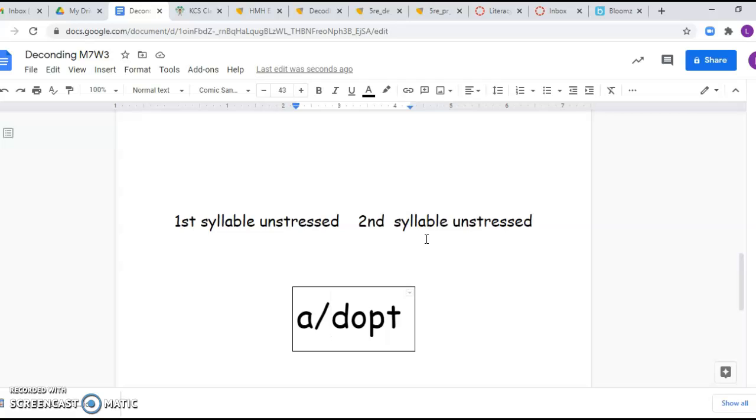Well, when I sound it out and I look at those two syllables, I automatically hear that schwa sound at the very beginning. So the schwa sound would be right here. So this would go under this particular column. First syllable is unstressed with the schwa. It would not go in second syllable unstressed because our second syllable is not unstressed. Our second syllable is the stressed syllable.